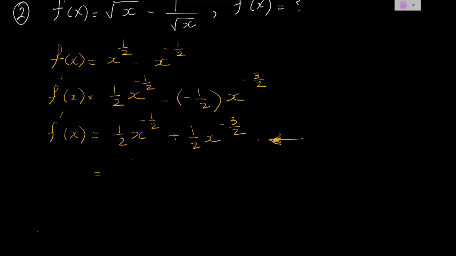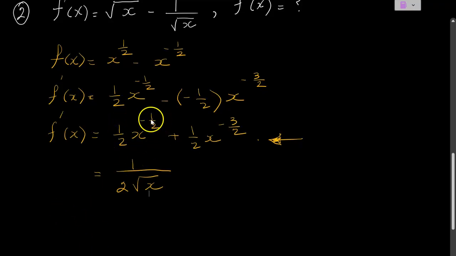So this would be 1 over 2 root x. That's the first term right there. So 1 over 2 is 1 over 2, and then this exponent negative 1/2 drops down to the denominator, and 1/2 is a square root. Remember that. You're changing radical form to exponential form and vice versa.